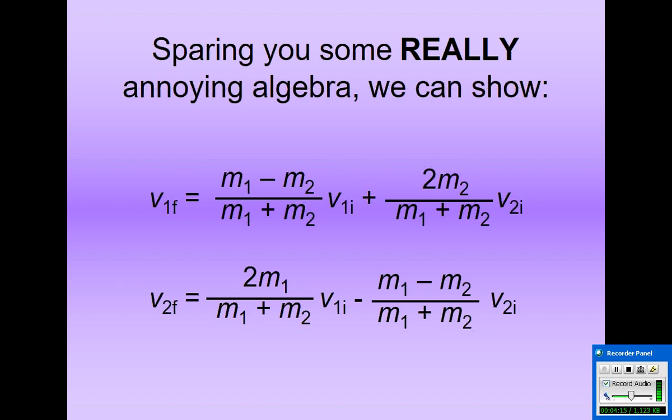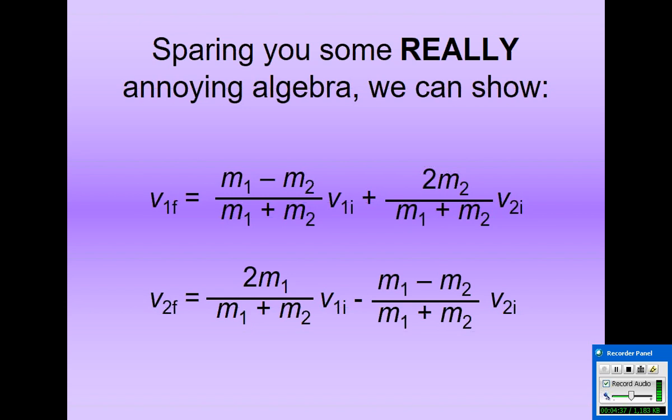For instance, for v1 final, you see (m1 minus m2) over (m1 plus m2) times v1 initial. And for v2 final, you see minus (m1 minus m2) over (m1 plus m2) times v2 initial. In the first equation, you see 2m2 over (m1 plus m2) times v2 initial.